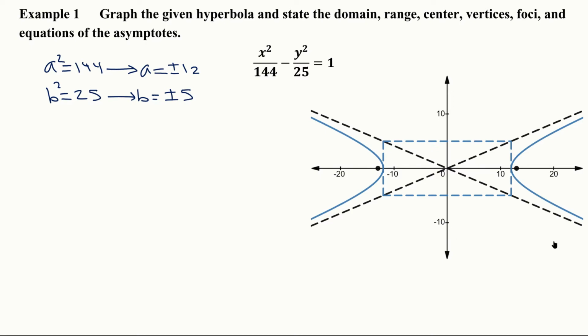Once you find a and b, you mark your axes, put a point at those four points, create your rectangle, then draw your asymptotes, and graph starting at the vertices. So the graphing is very easy. Let's go ahead and find the other items that we need.